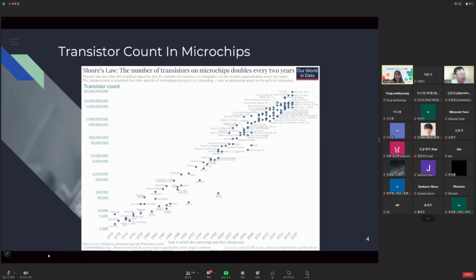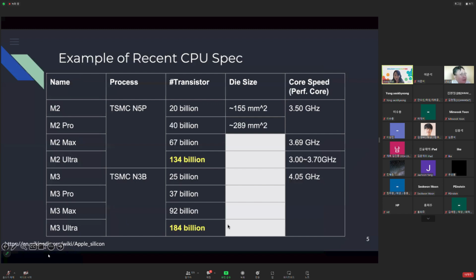So I dug a little bit more for certain applications. I'm personally using iPhone and I'm using MacBook. So I searched a little bit for the Apple Silicon. So probably you've heard that Apple is making their own processors.